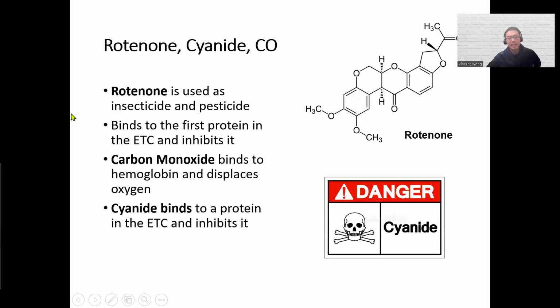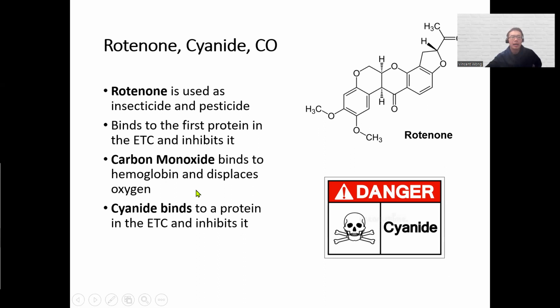So let's take a look at each of these in more detail. Rotenone is an insecticide and pesticide. What happens is it will bind to the first protein in the ETC and completely inhibit it. Carbon monoxide binds to hemoglobin and therefore it is not able to transport oxygen.